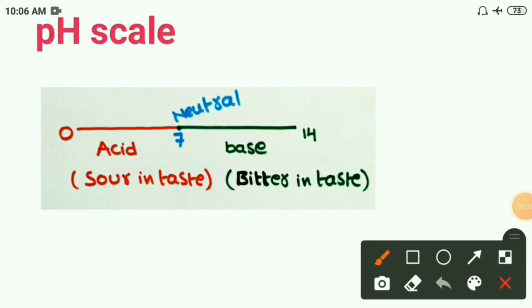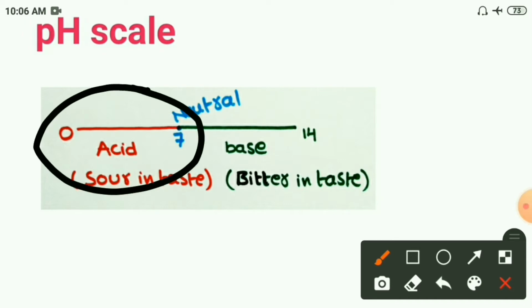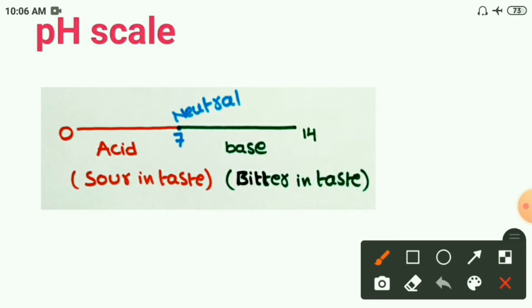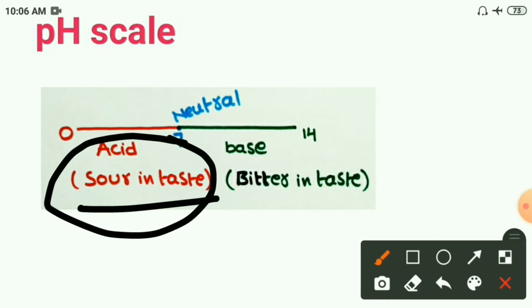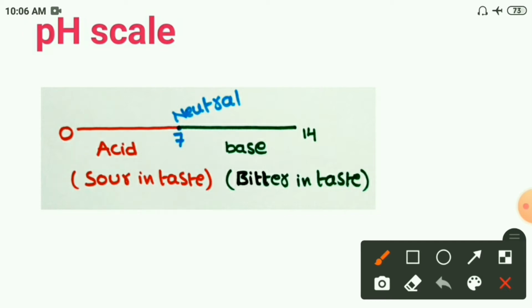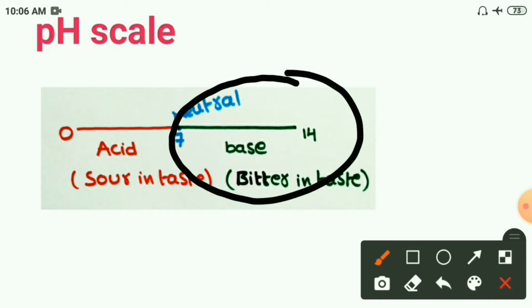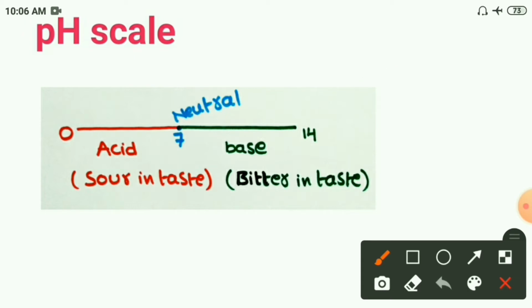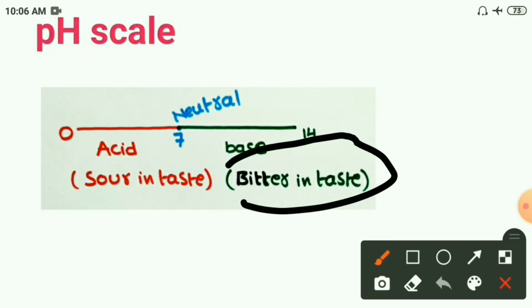If the pH value of a solution is between 0 and 7 on the pH scale, it is an acid, and acids are sour in taste. If the pH value is between 7 and 14, it is a base. Base solutions are bitter in taste.